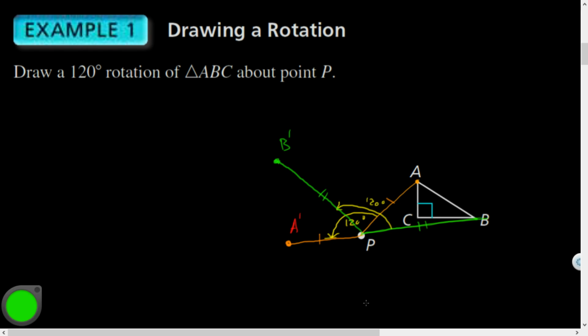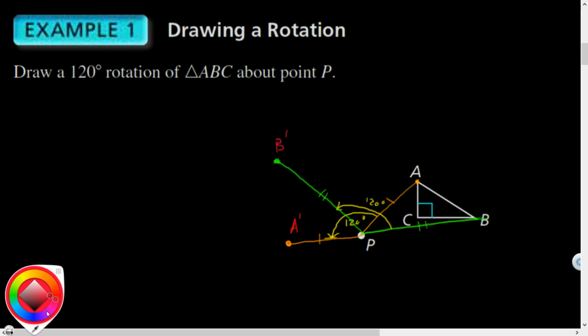Then I would measure 120 degrees from that line using a protractor, mark that spot, and draw a segment out. You could measure it, so if this was 3.3, you could measure out 3.3 through that point from P and plot your B at it. I'm drawing my sketch not to scale, but you're getting the idea.